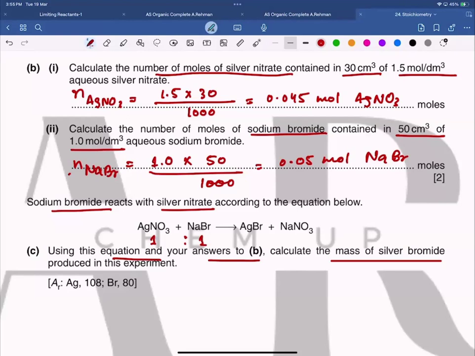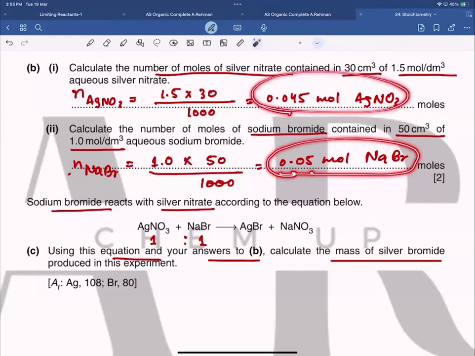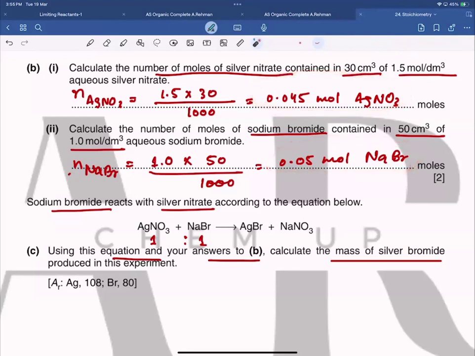The moles must be the same for both. But if you see, sodium bromide has 0.05 moles, so for this amount of sodium bromide, silver nitrate must also be 0.05. But it is not, it is 0.045. You can compare it in any way, you will get the same result. For 0.045 moles of silver nitrate, I need 0.045 moles of sodium bromide, but it is in excess.